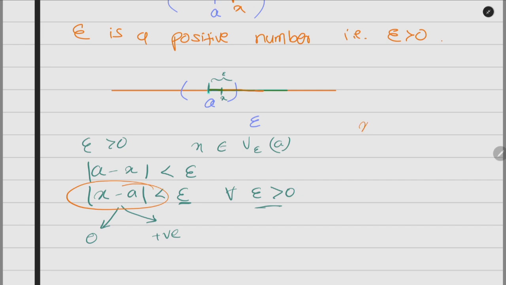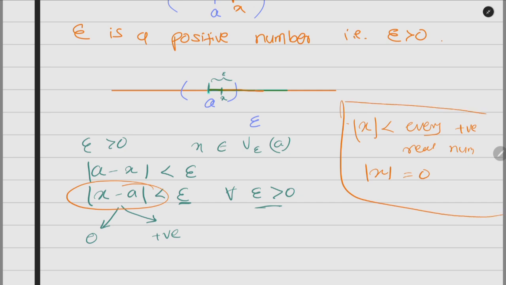If mod x is less than every positive real number, then mod x must be equal to 0.